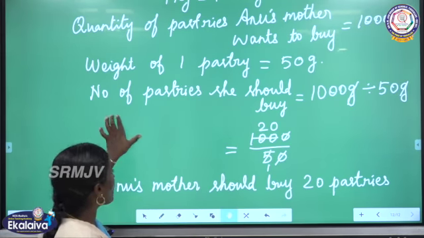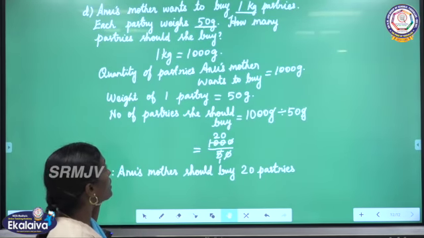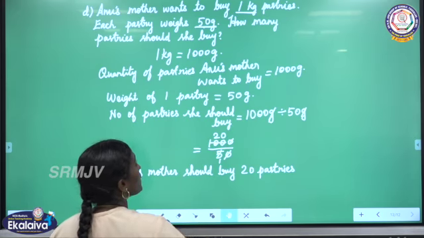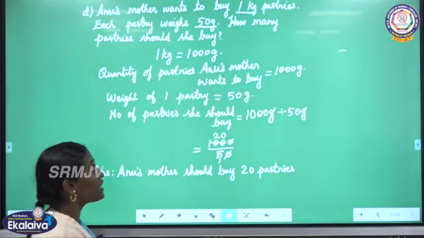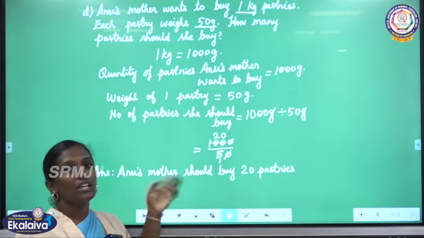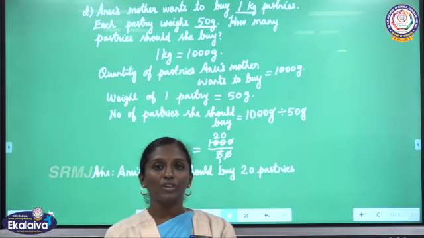For that, she should buy 20 pastries. Okay, to find out the number of pastries, we are dividing 1 kg by 50 gram. Here the units are different, so we are writing 1 kg as 1000 gram. So 1000 gram divided by 50, we are getting 20 pastries. Is it clear, children? Hope you all understood.